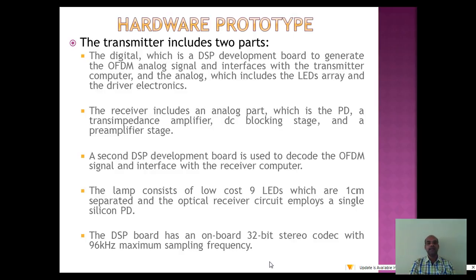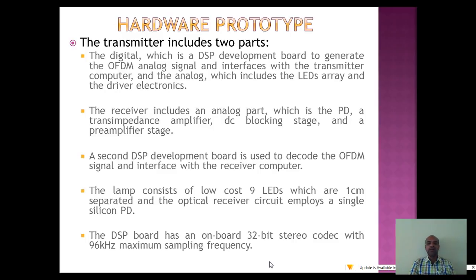So in this case, the OFDM analog signals interface with the transmitter computer, and the analog part includes the LED array and some driver components, and the receiver includes an analog part, that is a photodetector or image sensor, a DC blocking stage and a preamplifier stage.